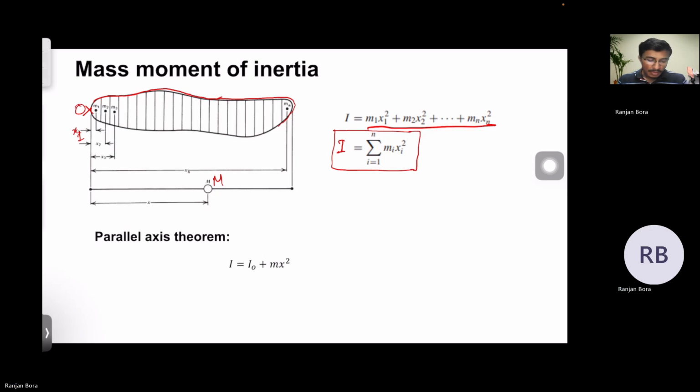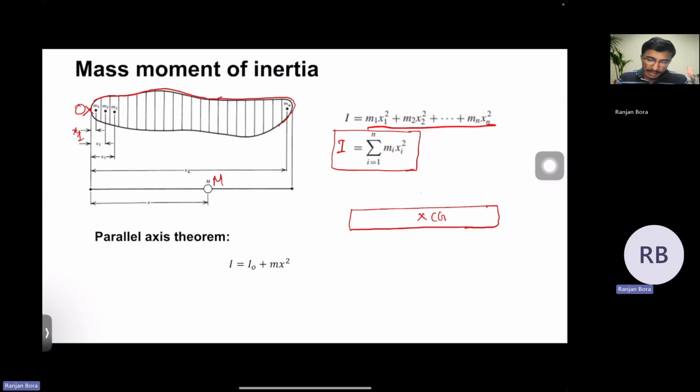Now we want to find the moment of inertia about any axis parallel to the axis passing through the center of gravity. For example, we'll take one object here, and this is the CG.